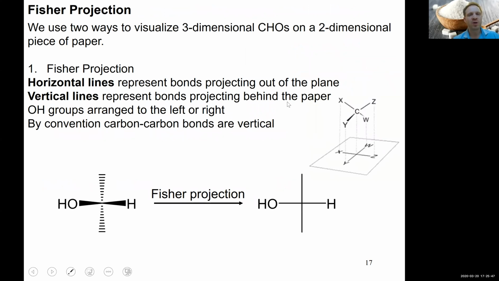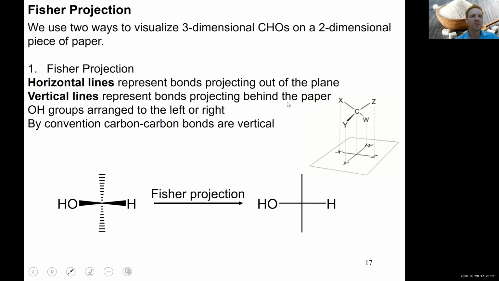Again, a little bit more nomenclature. Throughout the quarter, you'll see different ways of how people depict sugars. The one that we will most commonly use is a Fischer projection. This is a way of showing carbohydrates, which in nature are 3-dimensional, in a 2-dimensional way on paper.